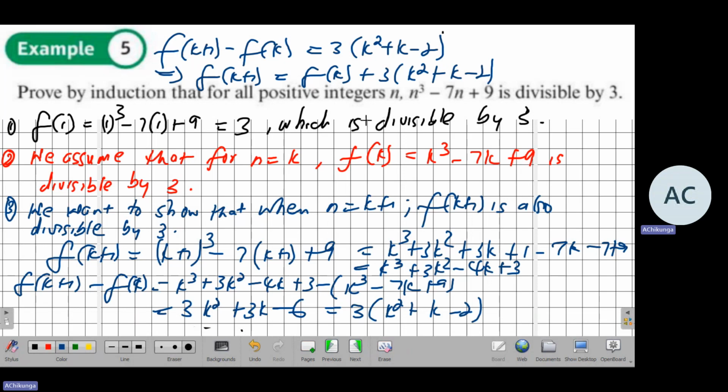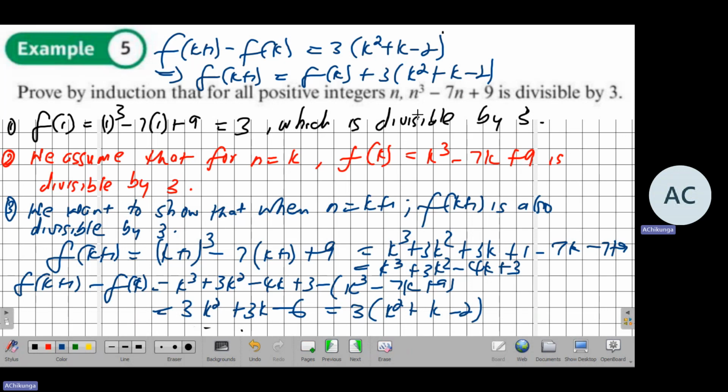Do you see that? So f of k plus 1 can be redefined as f of k plus that difference. But look at f of k in number 2. We already declared that f of k is divisible by 3. And 3k squared plus k minus 2 is also divisible by 3.